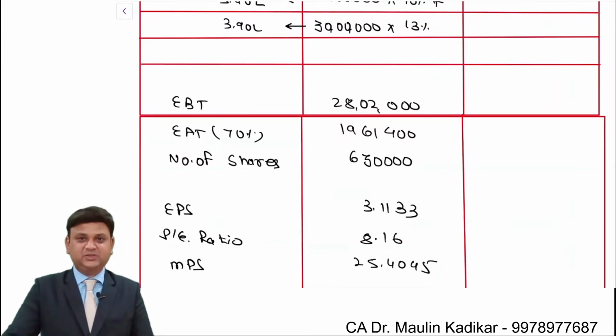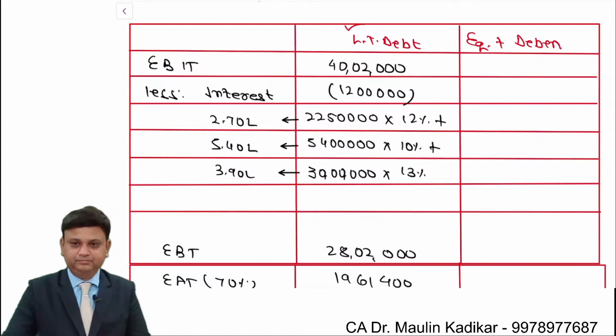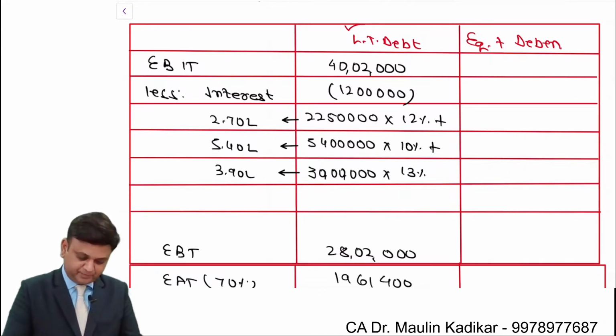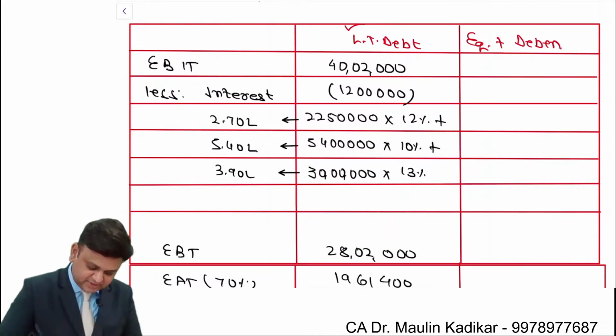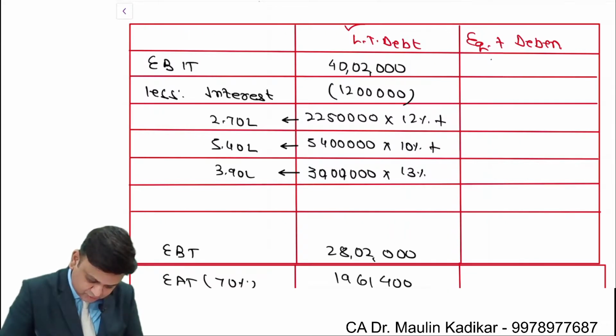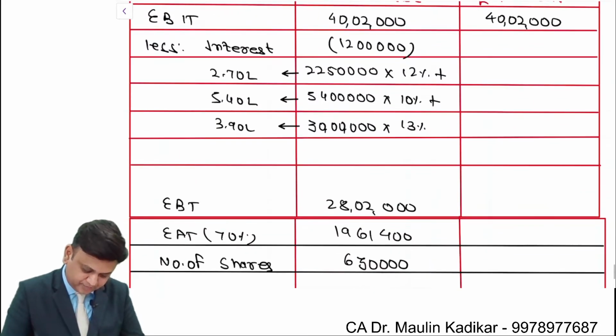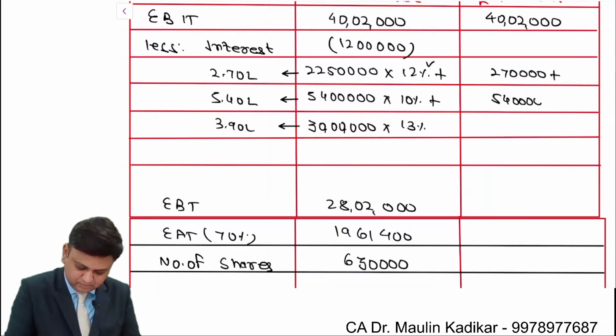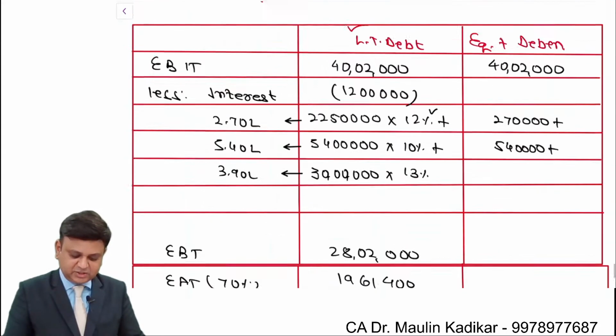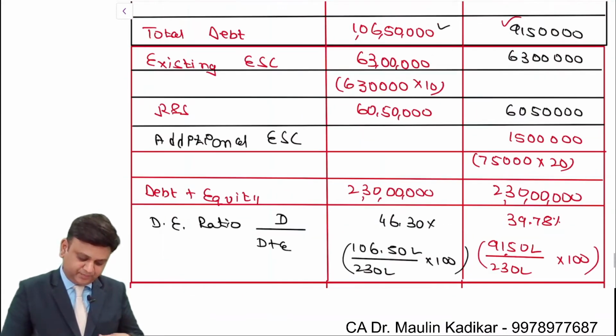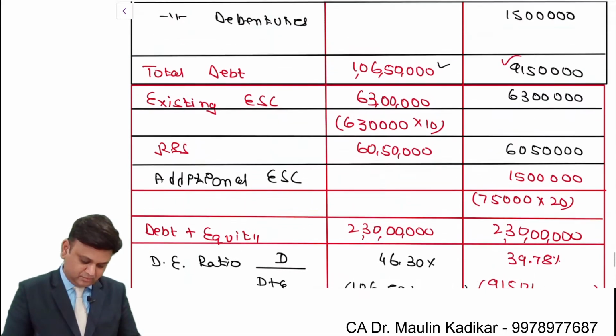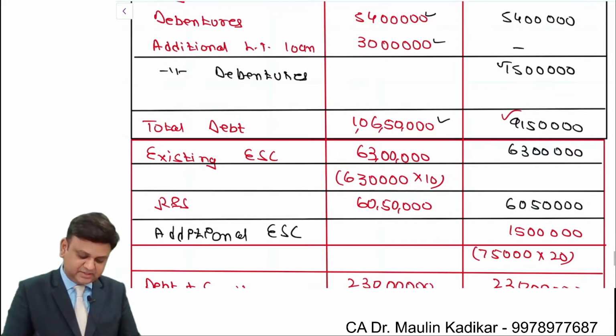Similarly, we will do for the next one. The amount of the EBIT will remain the same, 40 lakh 2000. Interest for the existing will remain the same, 2,70,000 plus 5,40,000, plus additional debentures will be issued of 15 lakhs.